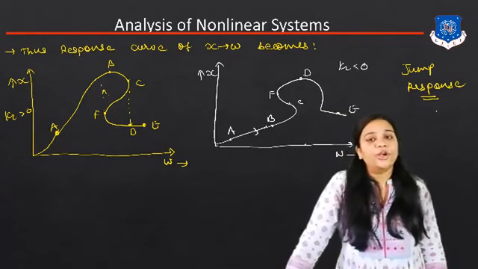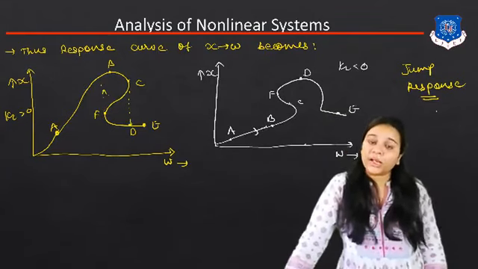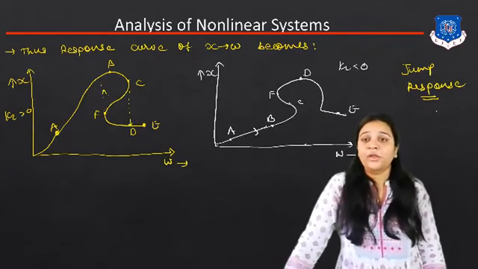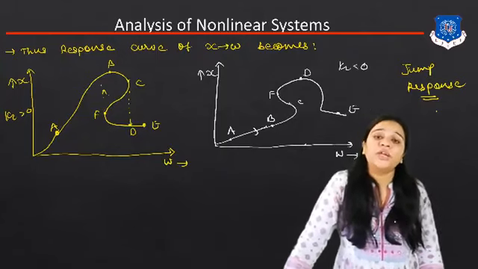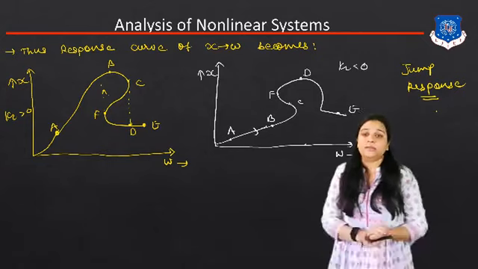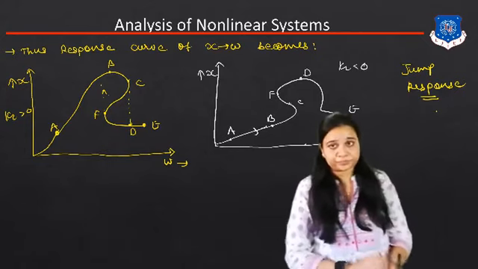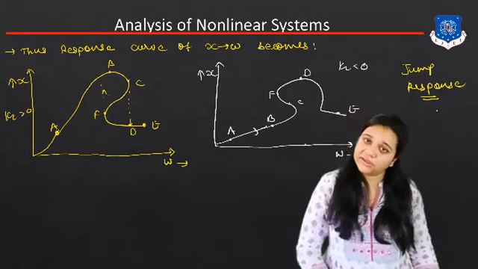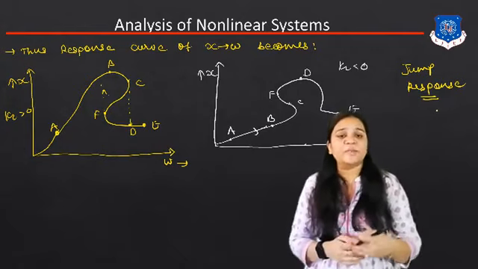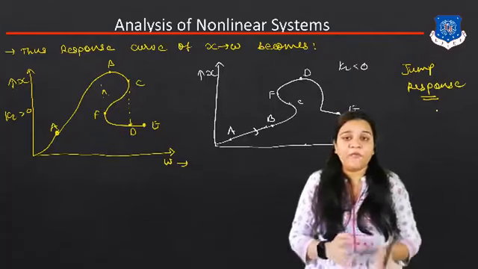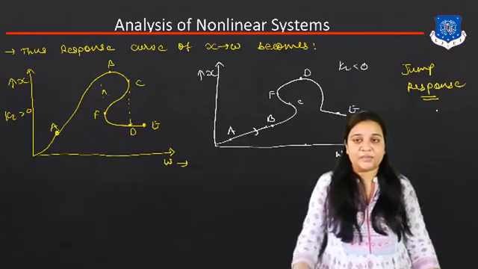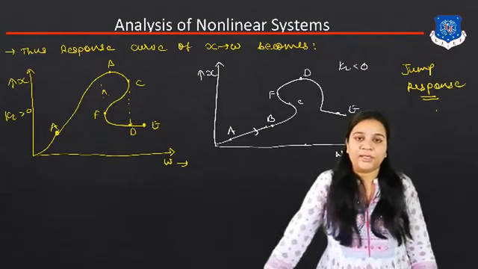So we have to continuously increase the value of omega until the value of x becomes saturated, and after that we have to decrease the value of omega and find the response of this particular system. Here only one displacement is given for this mechanical system. The same method will be applied for more than one displacement for any kind of mechanical system. So this is the response curve of x versus omega.